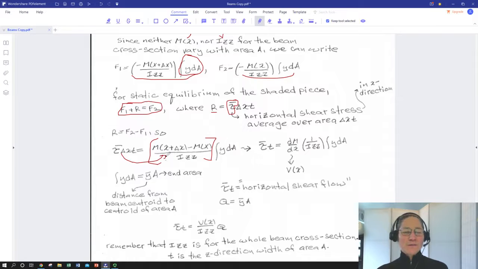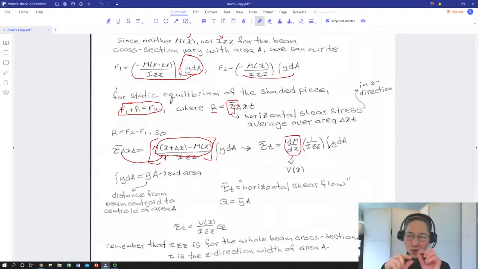So basically our numerator of this fraction divided by delta x, the limit as we take delta x to 0, is dM/dx. We have 1 over the moment of inertia about the z-centroid for the whole cross-sectional area times the integral of the y position of our little cut shaded top integrated over its area.